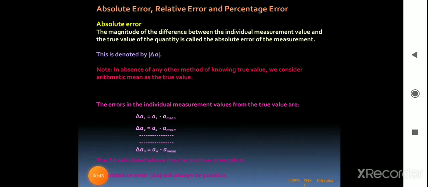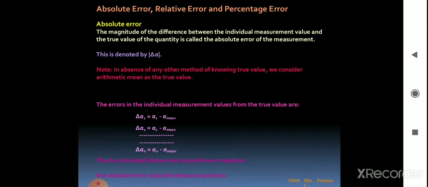Let us quickly revise the previous class. In the last class we studied about error: the result of every measurement by any measuring instrument contains some uncertainty. The uncertainty in measurement is called error.